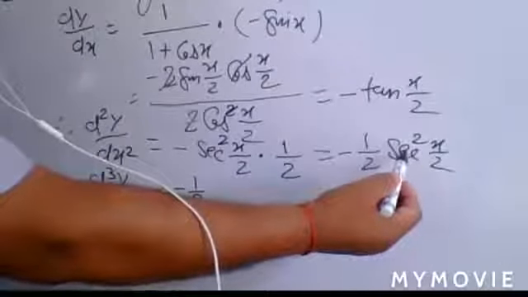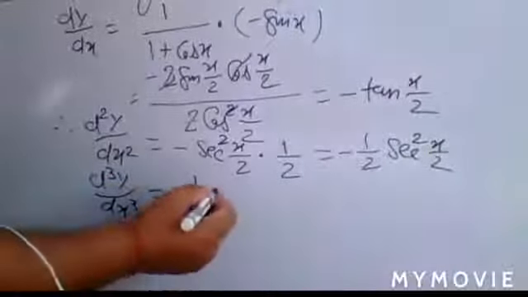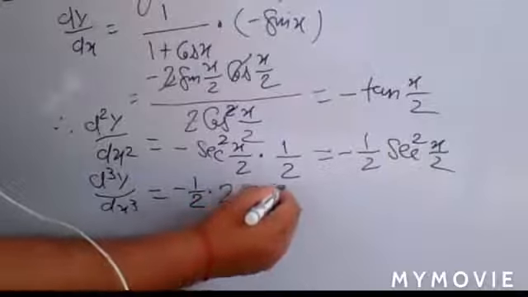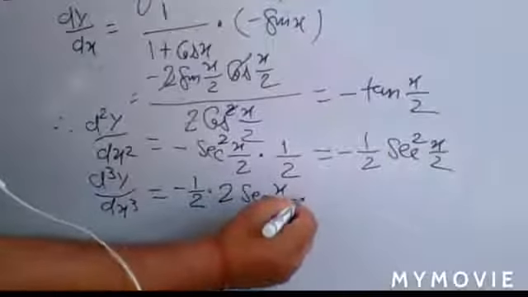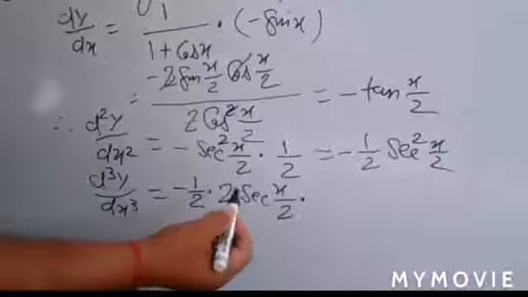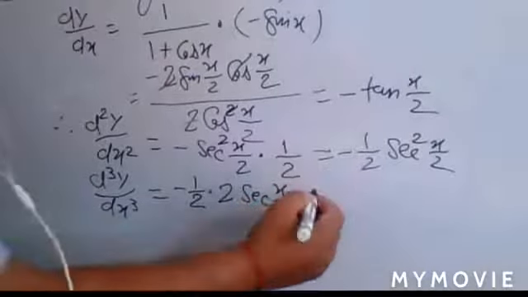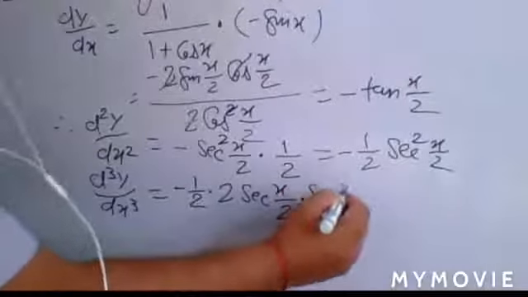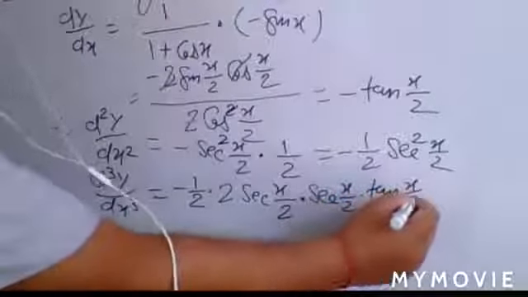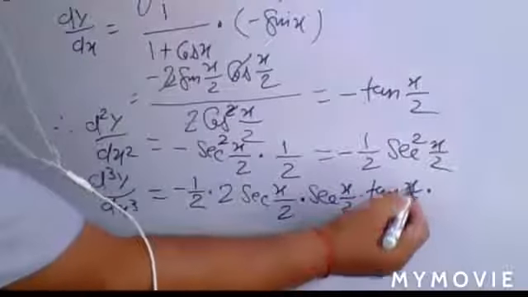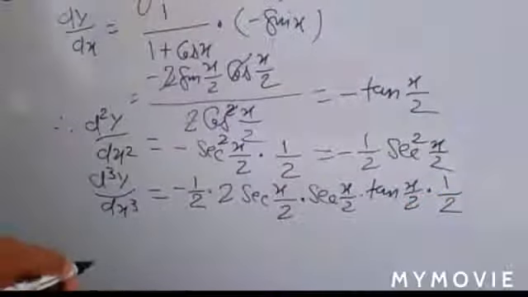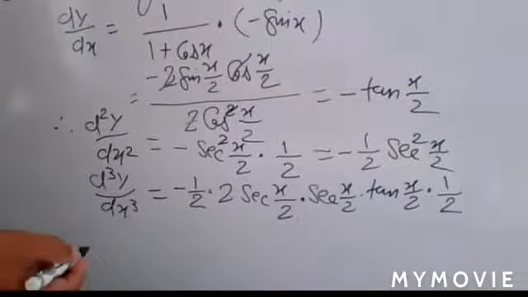So sec square x by 2 can be written as 2 sec x by 2 into the derivative of sec x by 2. So what is the derivative of sec x by 2? Sec x tan x. So here you write sec x by 2 into tan of x by 2, and then the differentiation of x by 2. So here you have 1 upon 2.